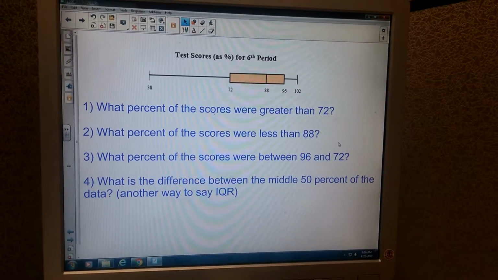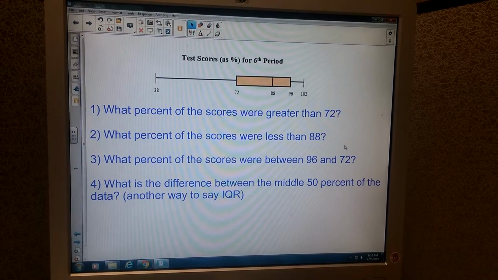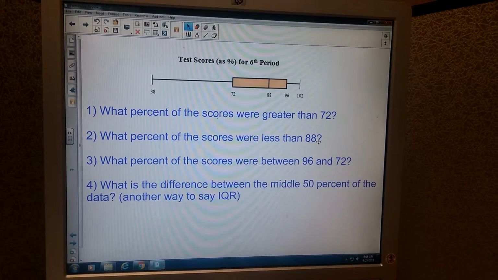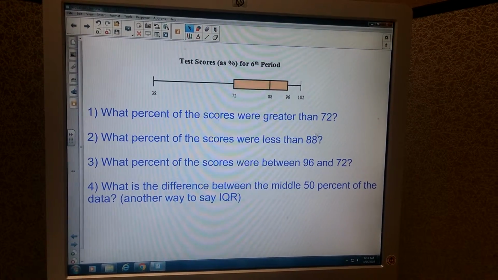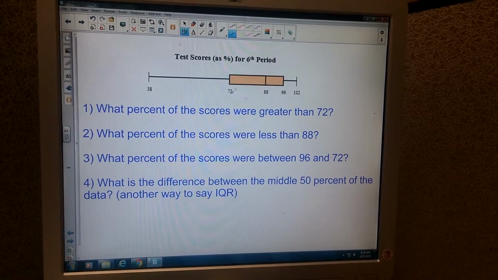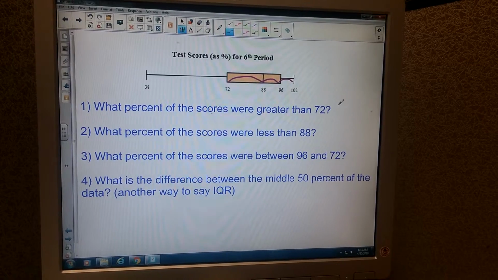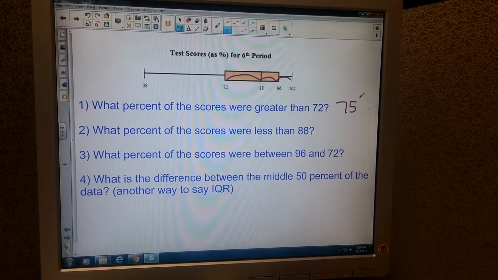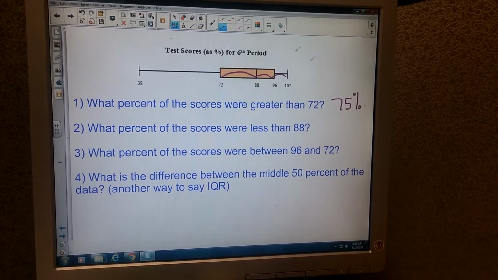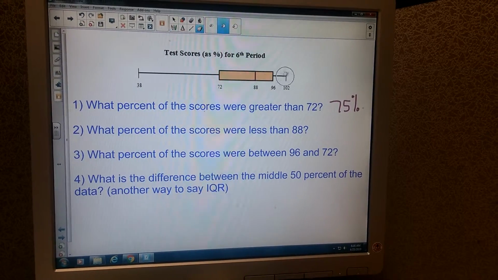Okay, on your own, pause the tape, answer these questions now. Number 1, what percent of the scores were greater than 72? Well, 1, 2, 3 pieces, so 75% of the data of the test scores are higher or greater than 72.